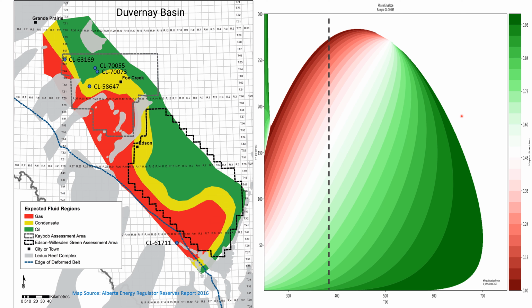Okay, my next fluid, 70055. This is a volatile oil at reservoir conditions, right? So this is a bubble point system. We are far to the left of the critical point.